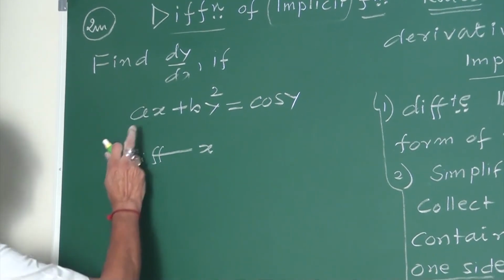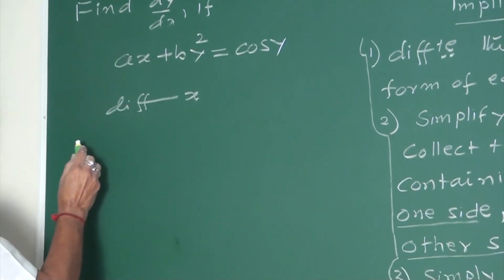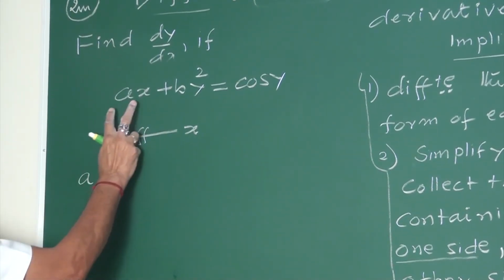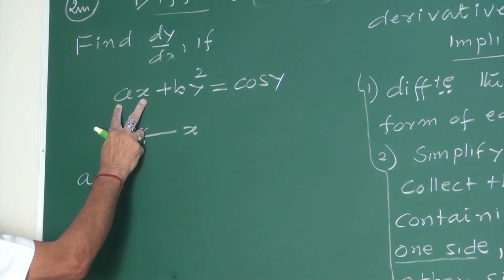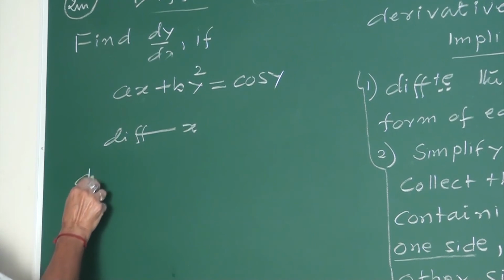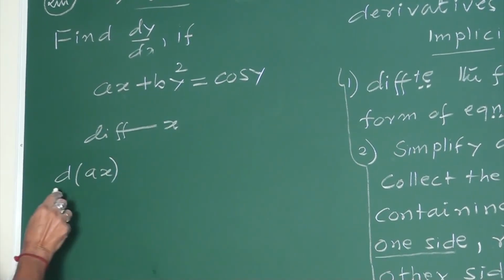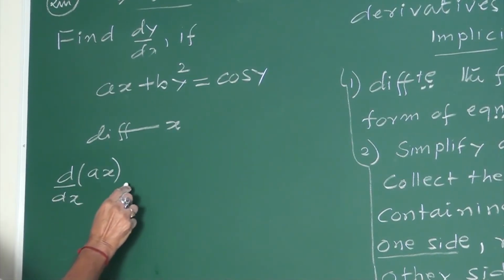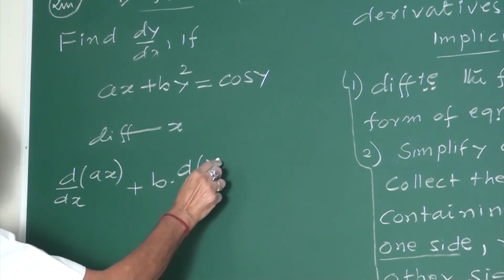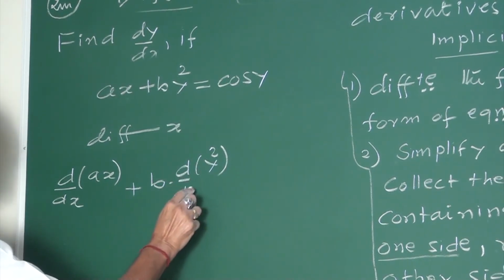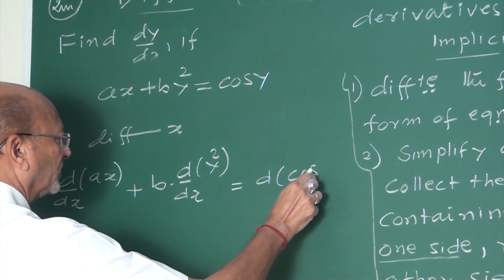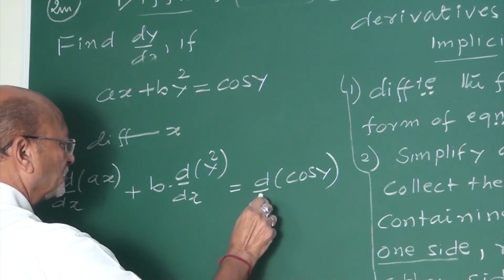I write the derivative of kx is what? The constant comes out. Otherwise, you can write directly the derivative of kx is k. What is the derivative of ax? I write one step first. It is the derivative of ax with respect to x plus b into the derivative of y square with respect to x equals the derivative of cos y with respect to x.